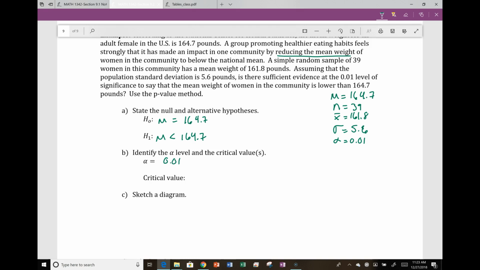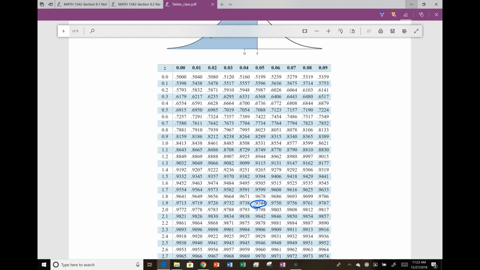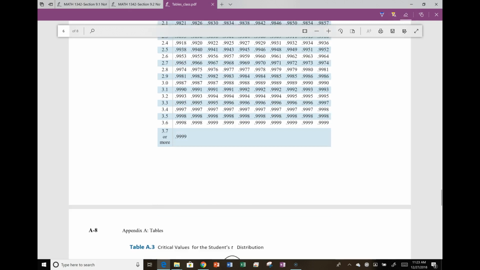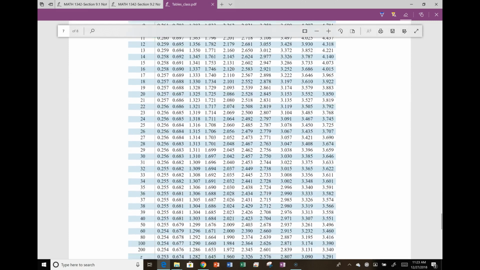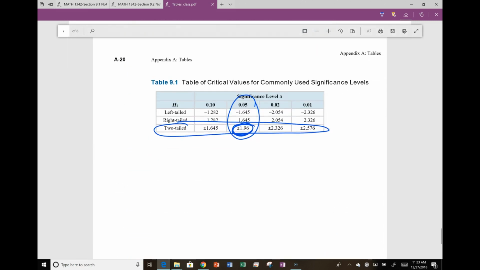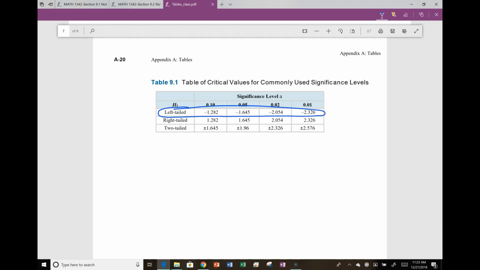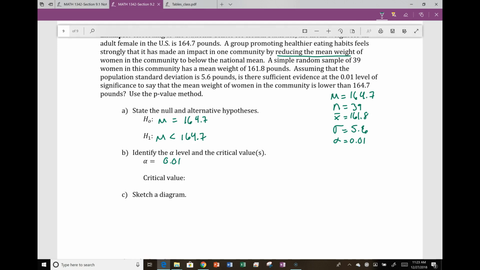Now, since I have sigma, since I have the population standard deviation, I know that I'm using a z. So I'm going to go through here and scroll down. Anytime that I have a z, I'm going to look at this chart right here. And we were looking at a less than, so a left-tailed test, and our alpha was 0.01, so a negative 2.326.